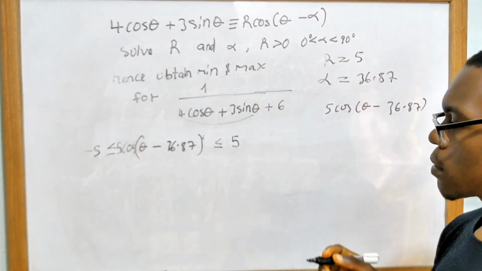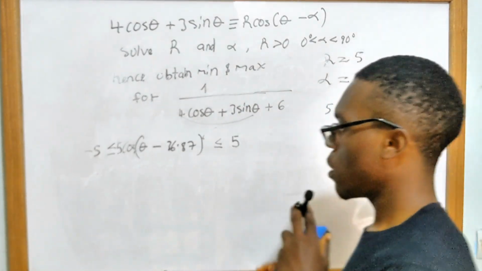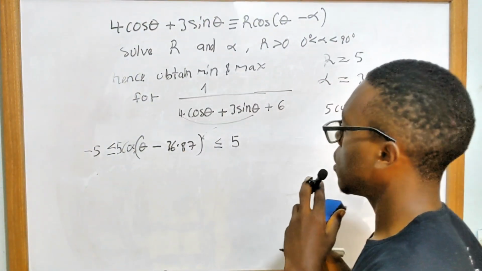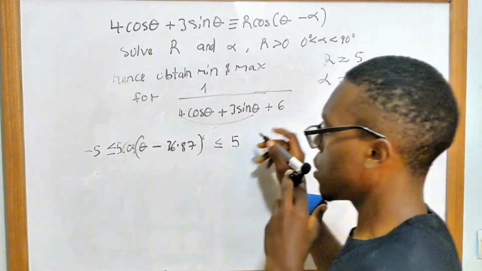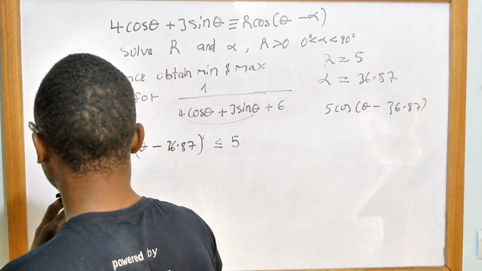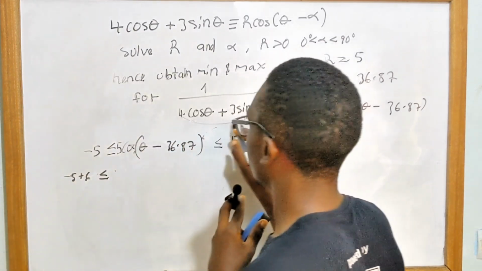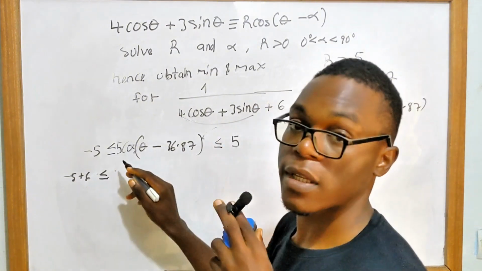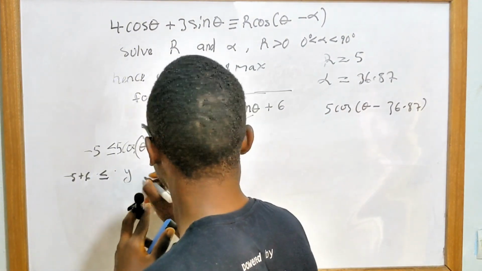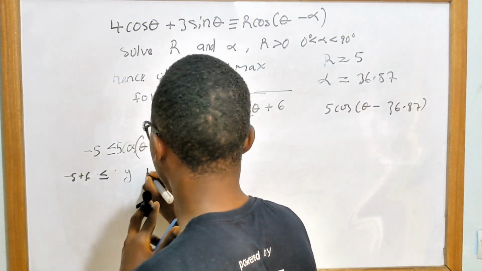Are you okay with this? Hence, the next thing to do is add 6: -5 plus 6 is less than or equal to this. We can just say all this is equivalent to y, so as not to write a lot. That will be y plus 6.